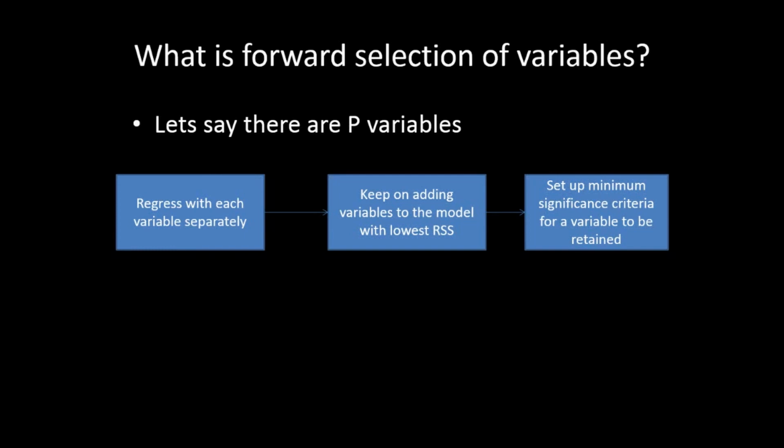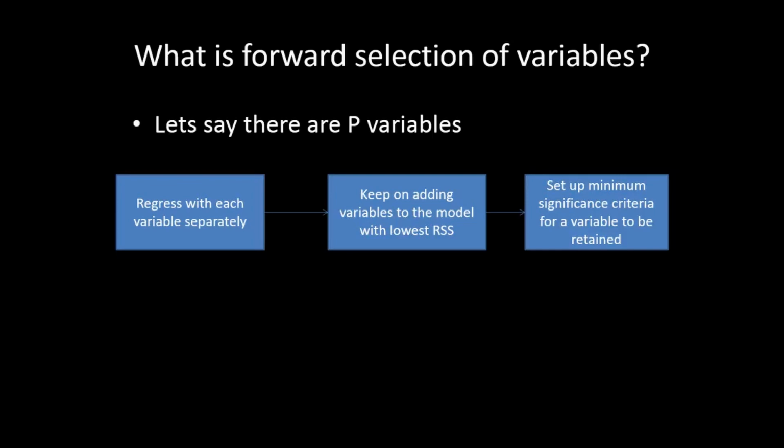The first question that is often asked is what is forward selection of variables? Now this is a very popular way of selecting variables in regression models. So what is it? Let's say we have p independent variables.